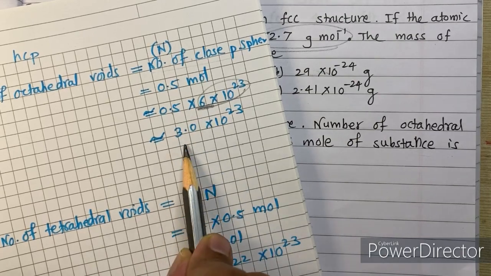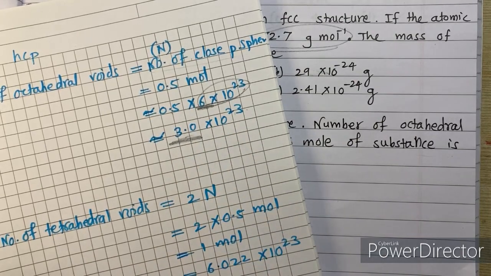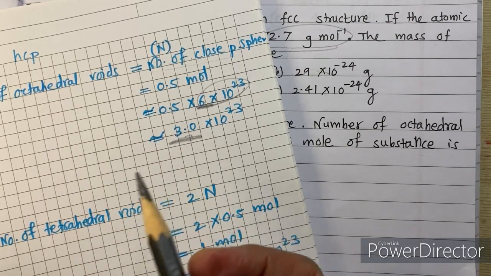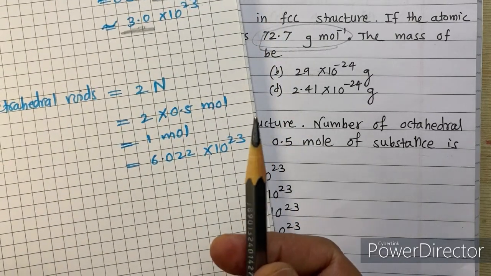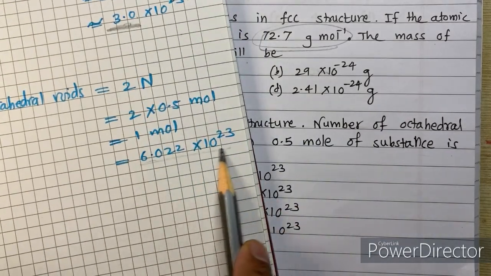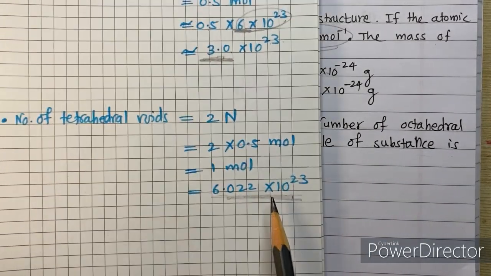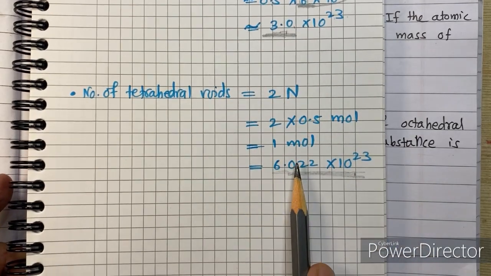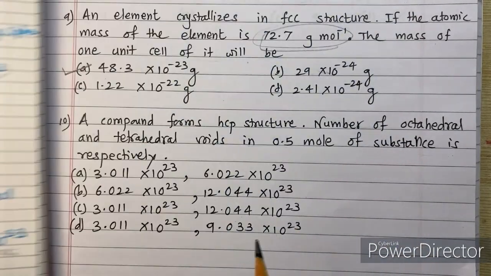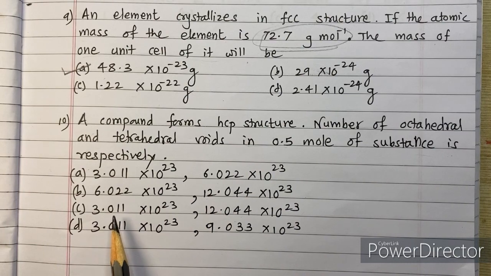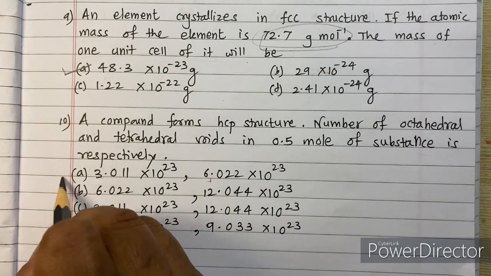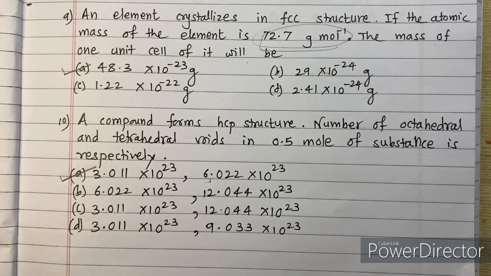Approximately 6 taken here, that is 3 into 10 raised to 23 octahedral voids. And now tetrahedral voids are double, therefore it is not necessary to calculate. Double of this is this one. That is, octahedral voids are this much and tetrahedral voids are this much. Now here the answer is 3 and 6, that is option A.